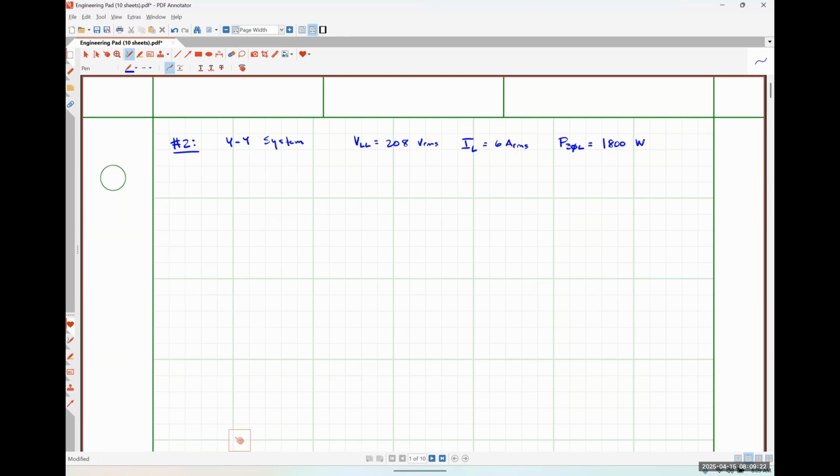And we are asked to determine A, the power factor at which the loads operate, and B, the load impedance per phase, ZY.